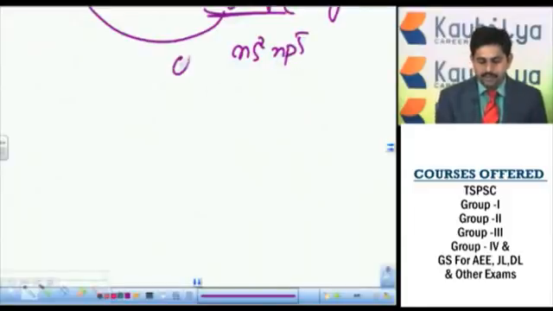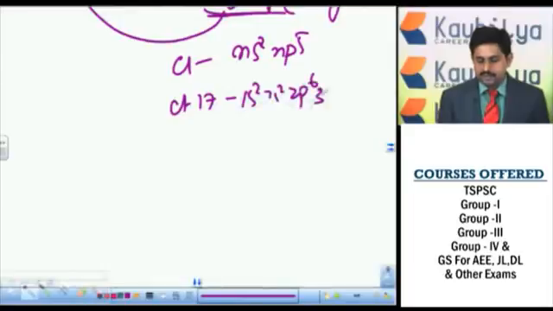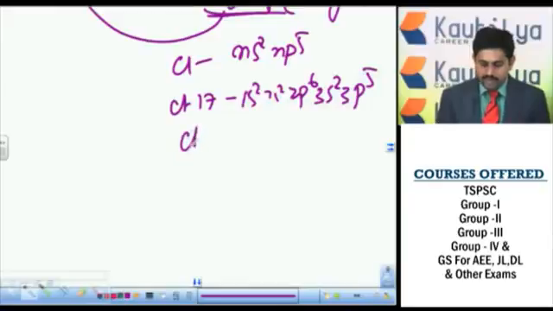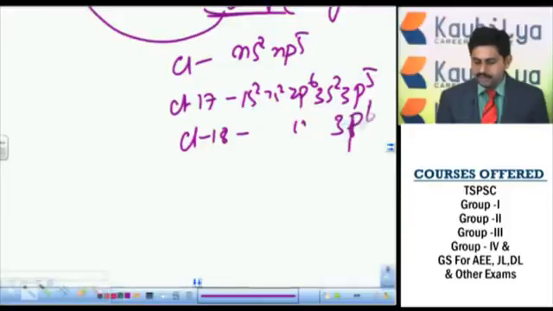For example, chlorine, atomic number is 17. 17 means 1s2, 2s2, 2p6, this is 10 is over, 3s2, 3p5. So if the chlorine accepts one electron, it will become 18, that is 3p6, right? So if it accepts one electron, it will become stable.